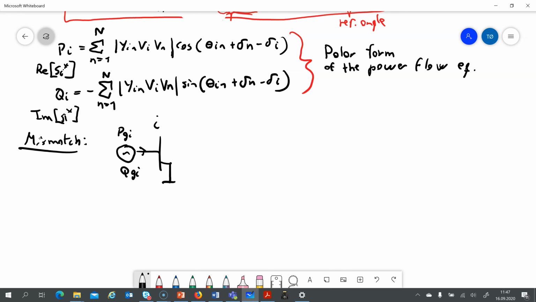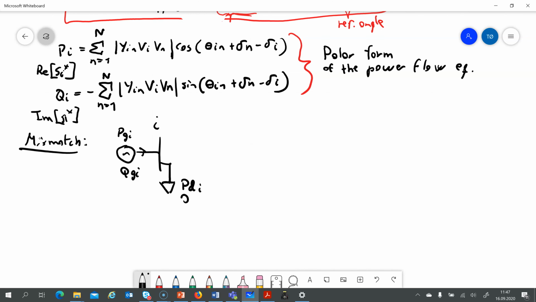Then we have a load connected to that bus, with PDi demand and QDi demand. And then we can have other lines connected to that bus, for example. We can call them Pi, Qi.